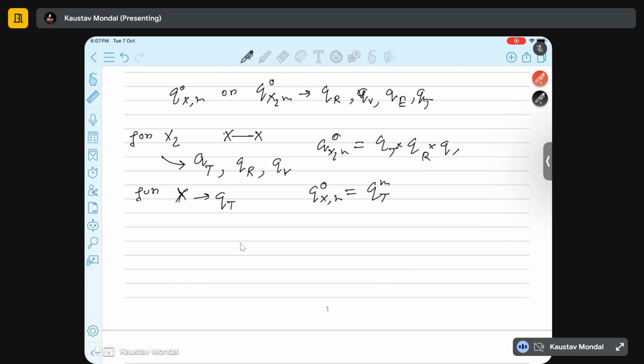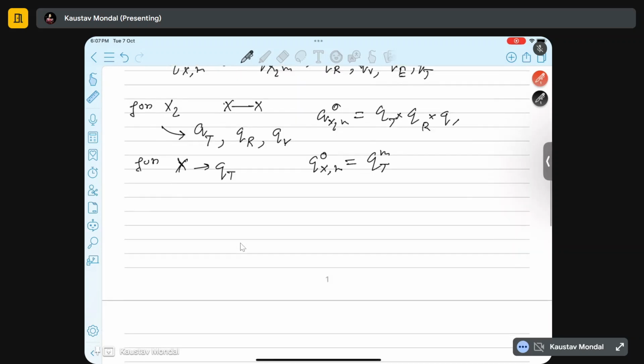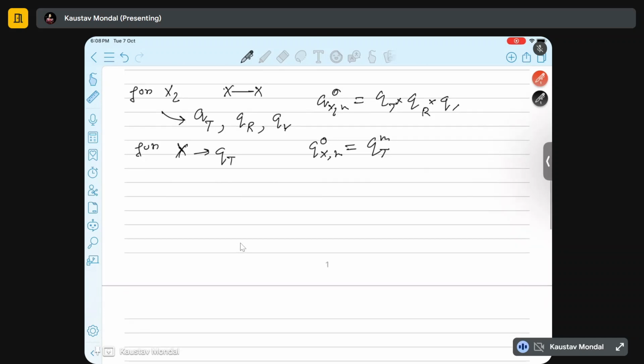The only contribution comes from the translational part. Now if we write the whole thing into the expression of K, the equilibrium constant, it would look like this: kT, where k is the Boltzmann constant, kT qX squared lambda X2 cubed.